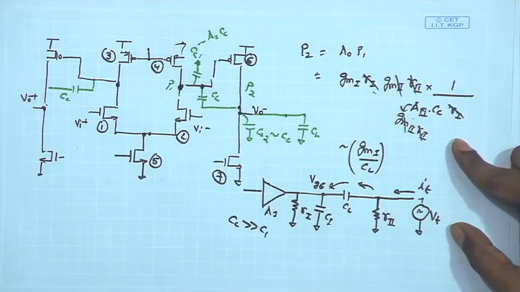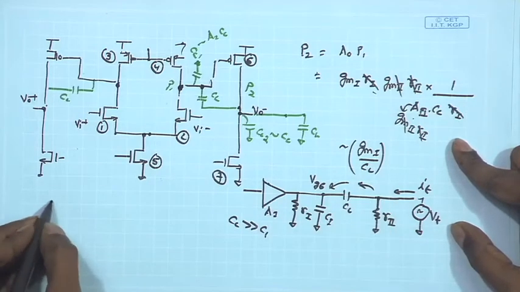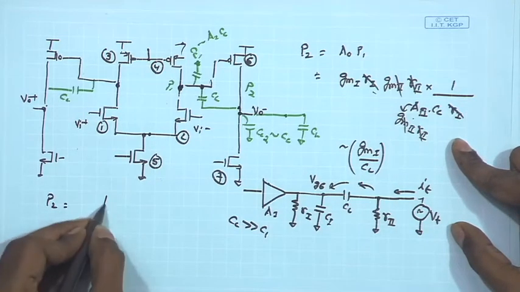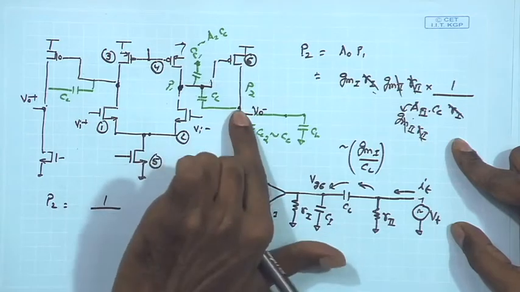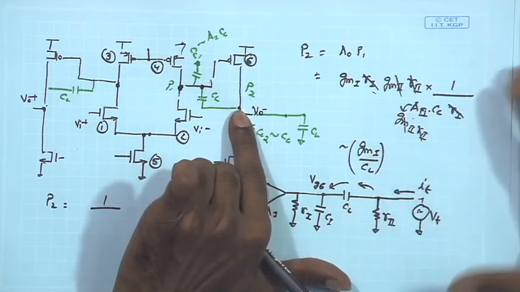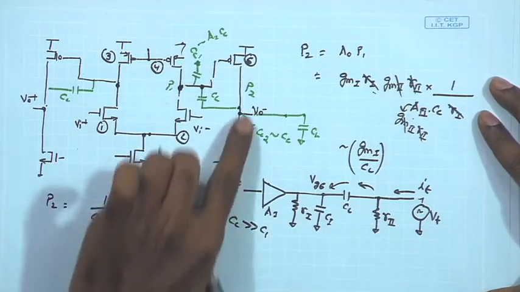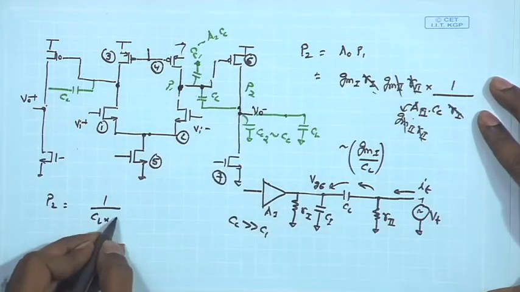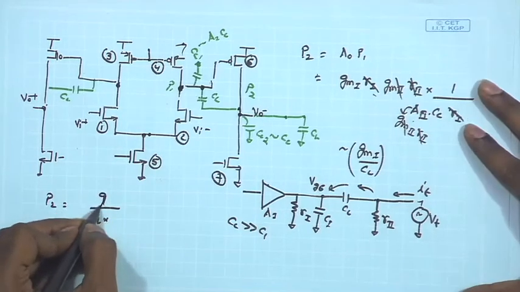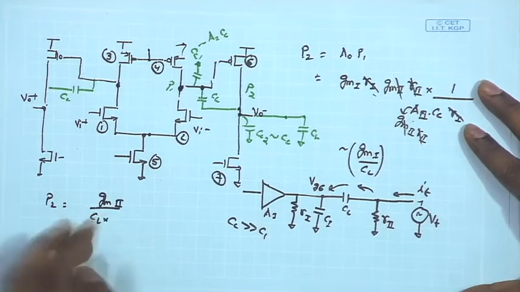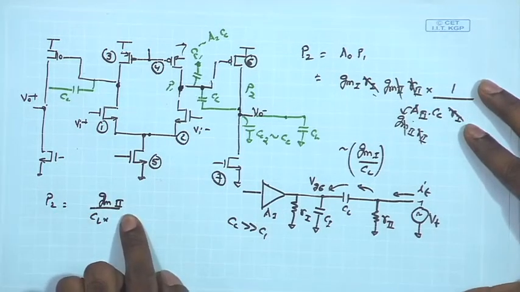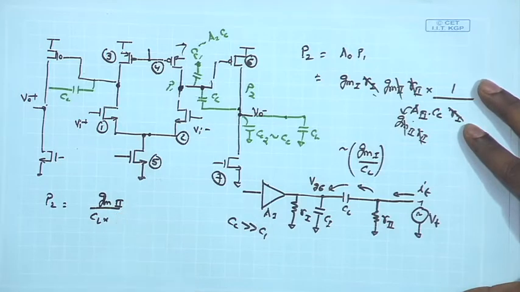So, the P2 expression, if I have to write it down, will be given by 1 upon the effective small signal capacitance here, and assuming that that is dominated by CL, I have the overall impedance over here given by 1 upon gm6. So, it basically goes up and I have gm6, or basically gm2, that is the transconductance of the second stage as we have defined.